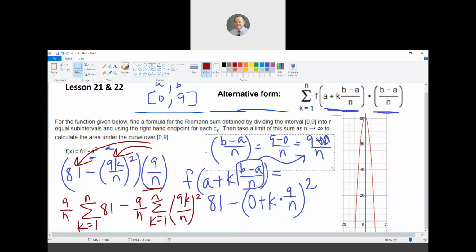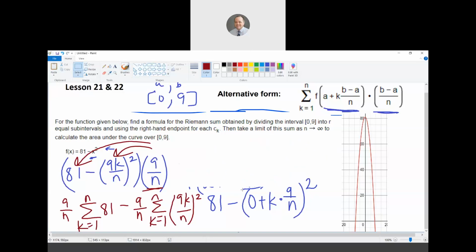This will take some getting used to because there are, not gonna lie, a lot of steps, but most of the steps are mainly plugging in and doing algebra. Now we need to simplify this just a bit more.